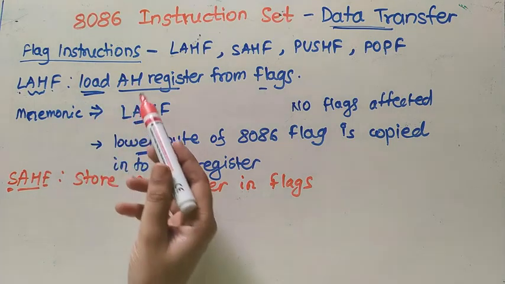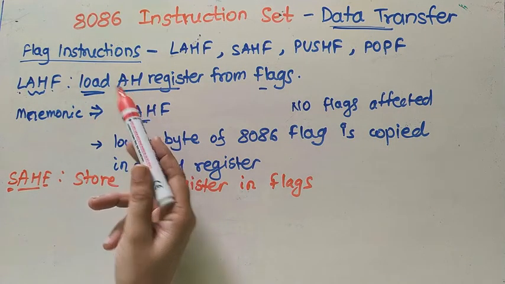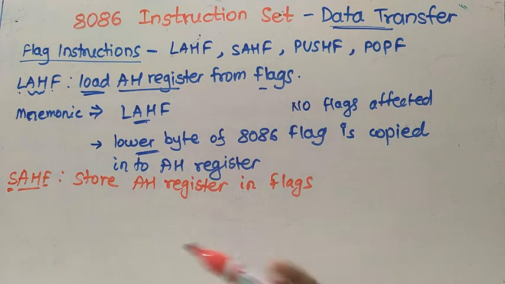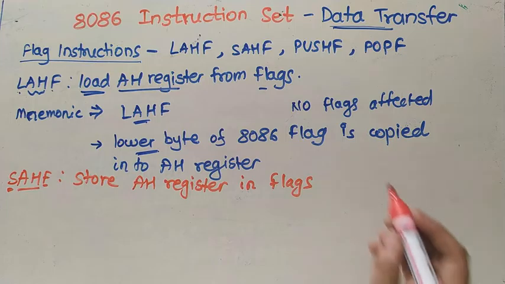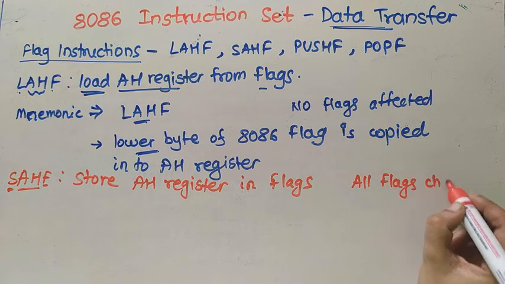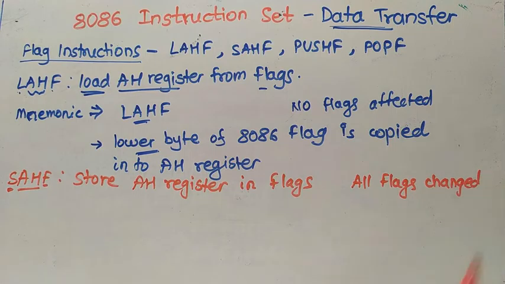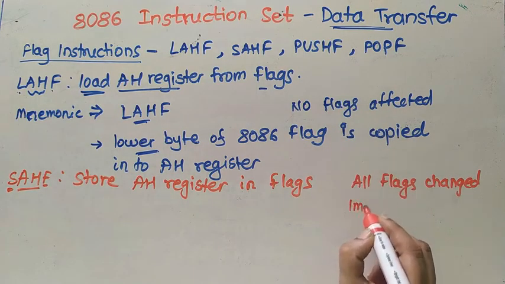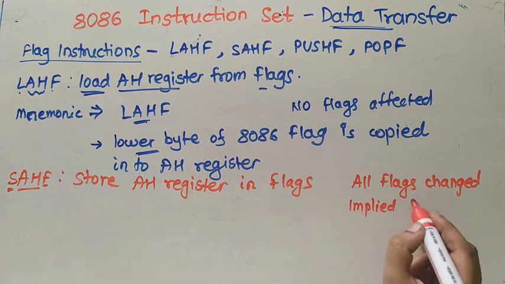Here with LAHF we were loading the AH register from flags, but here we are going to store the AH register into the flags. So here all flags get changed or affected. Addressing mode, for both the types, is implied addressing mode.